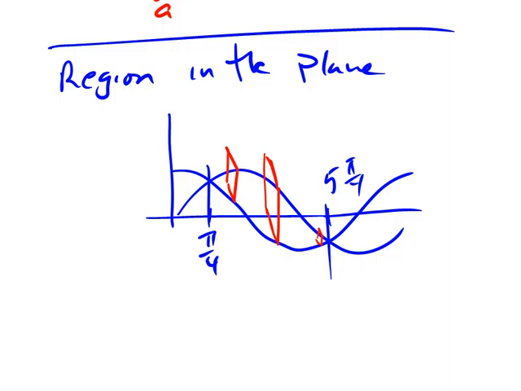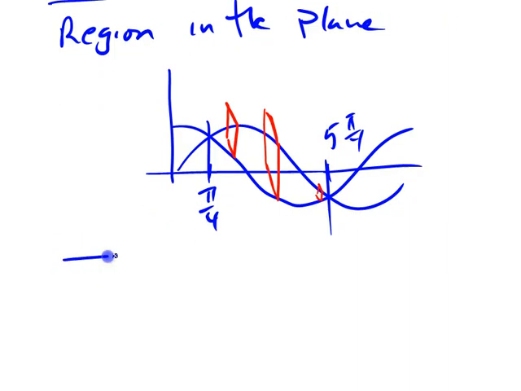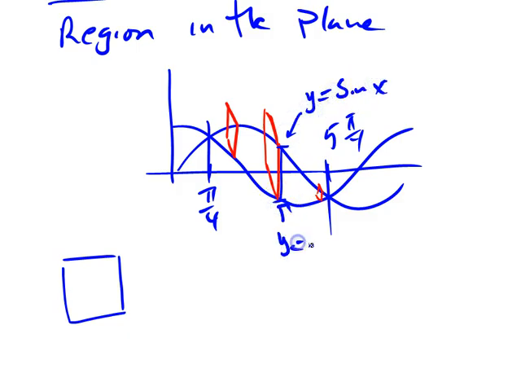So when I look at each slice and say each slice is a square, the side length is determined by the distance from the top to the bottom. Well, the top is y equals sine x. The bottom here is y equals cosine x. So the distance across is the difference between them.